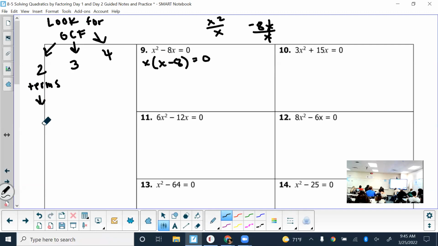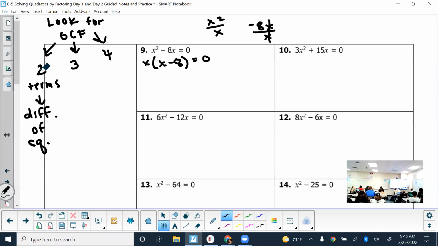So if there's 2 terms, what method did we have to use? Difference of squares. Guys, some of you have your flowcharts out, it's not saying anything.